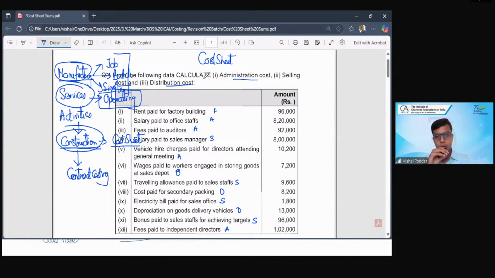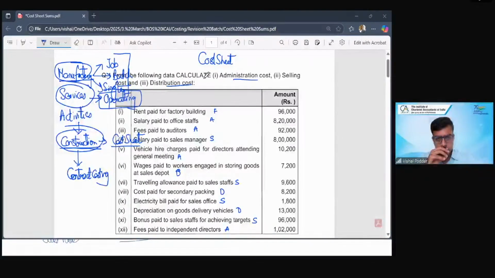Murad says, but it is mentioned sales depot. See, but sales depot means depot is sales depot only. Understand one thing. What is the difference between selling and distribution? Selling is, in other terminology, I'll say marketing. That is making the product known to the customers and getting the orders.